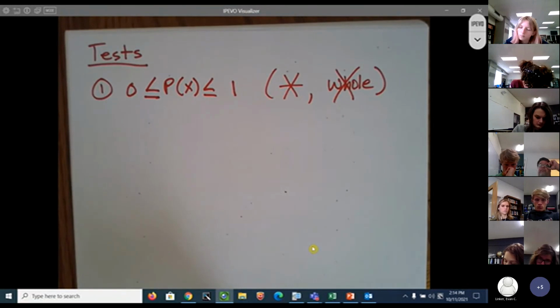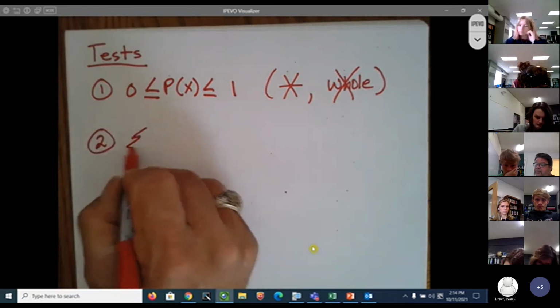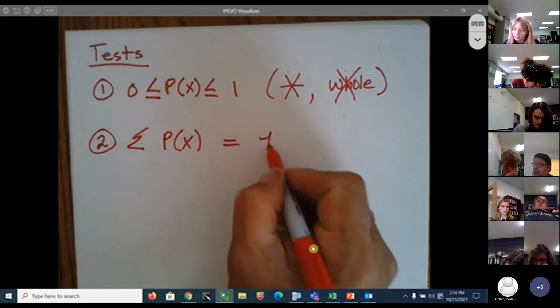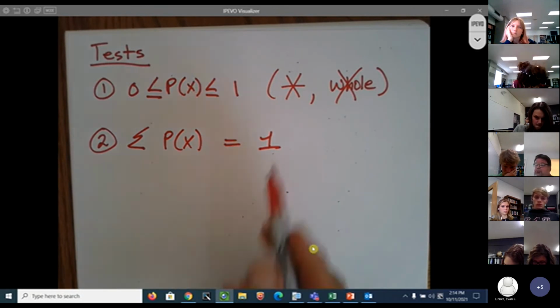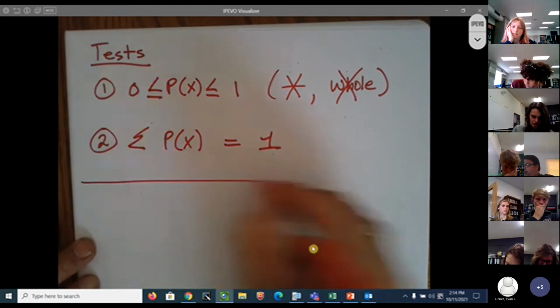The second test is that if you sum up all your probabilities, they should equal 1. Now you will have 2 or 3 test questions on your test, and they will ask you, is this a probability distribution? It's either a yes or no question, and several of you will miss it. So there it is right there.